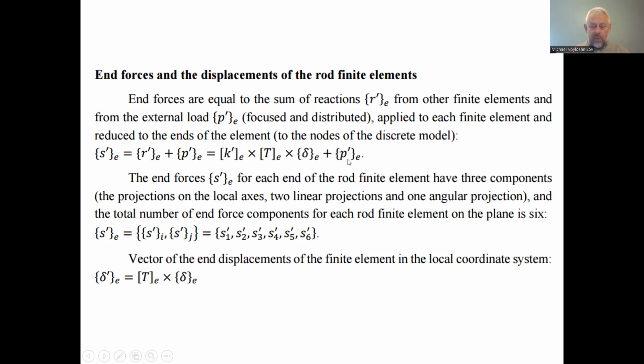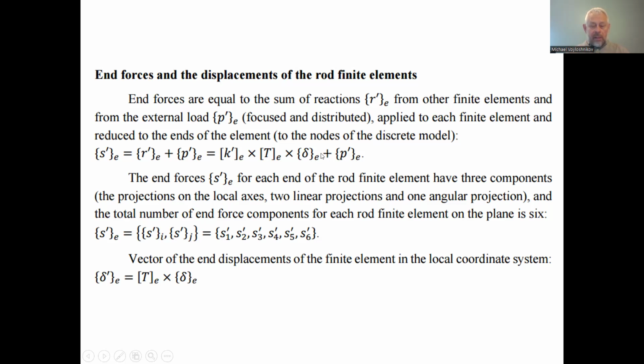So we have a distributed force, but we have to reduce it to the ends of the finite element. We did that in article 4.11 in the second lesson of this exercise, but we did it in the global coordinate system. Now we have to do this in the local coordinate system. The stroke on the vector means it is in the local coordinate system.